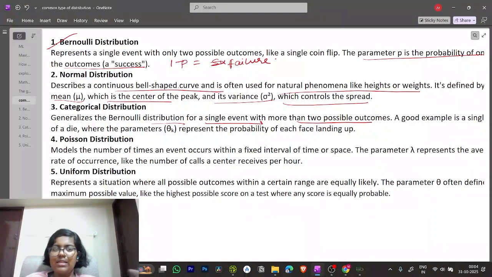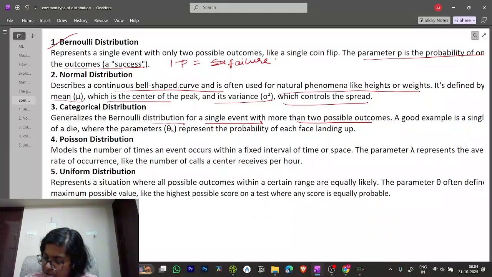In dice there are 6 events: it could be 1, 2, 3, 4, 5 or 6. So it is pretty much the same as the Bernoulli distribution, but in categorical distribution there are more than 2 outcomes. So when there are 2 you take Bernoulli, and when there are more than 2 you take categorical.